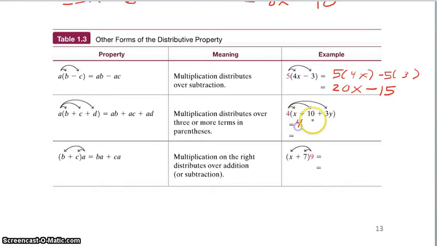We'll take 4 times x plus 4 times 10 plus 4 times 3y. 4 times x gives us 4x. 4 times 10 gives us 40. And finally, 4 times 3y gives us 12y.